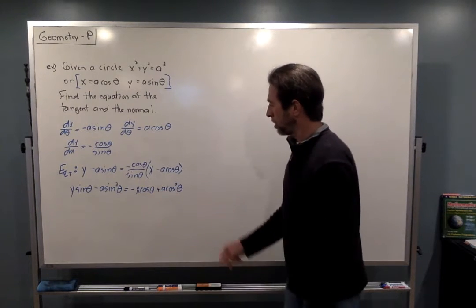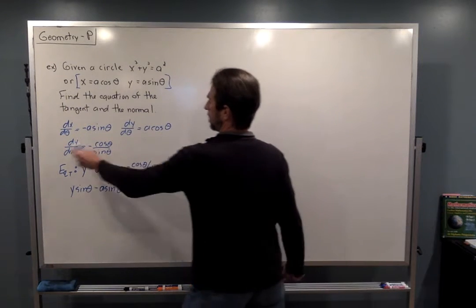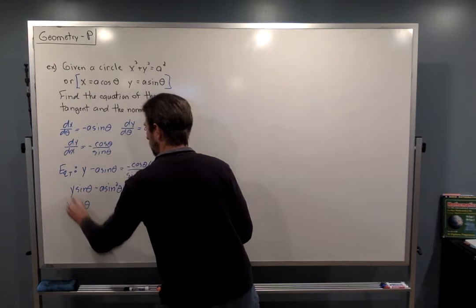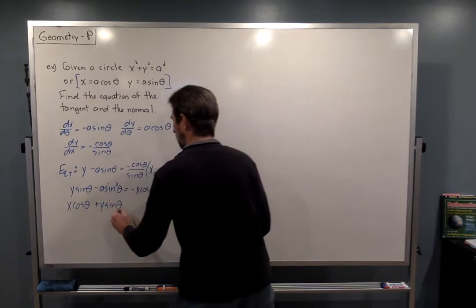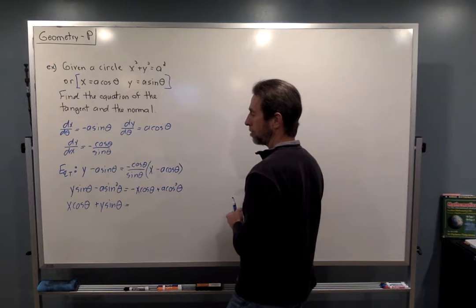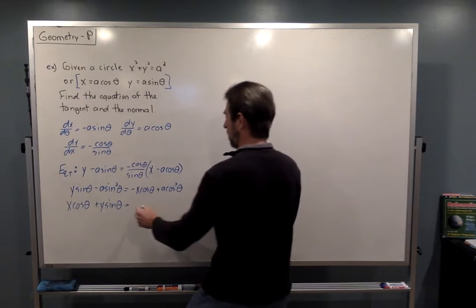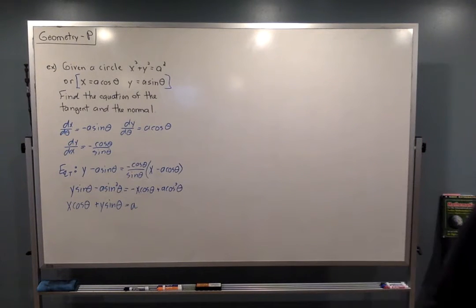We see the sine squared, cosine squared. We can manipulate this. Move the x cosine to this side. We get x cosine theta plus y sine theta. And then we move the negative a sine squared to this side and factor out an a. We're basically going to have a, because the sine squared plus cosine squared would of course be 1.